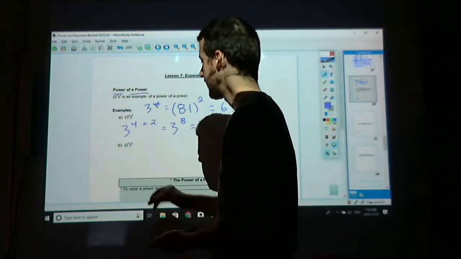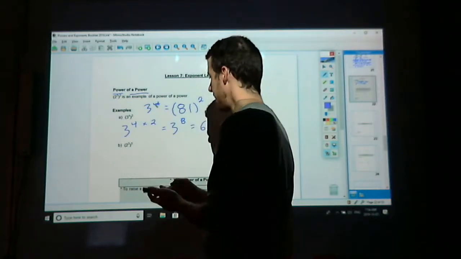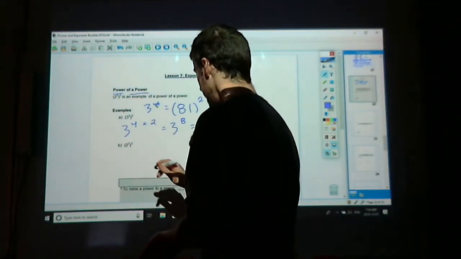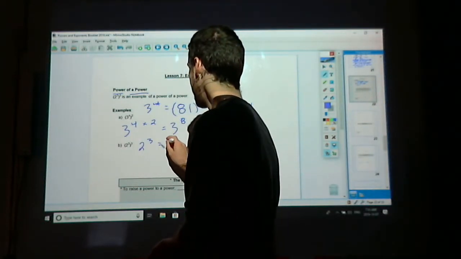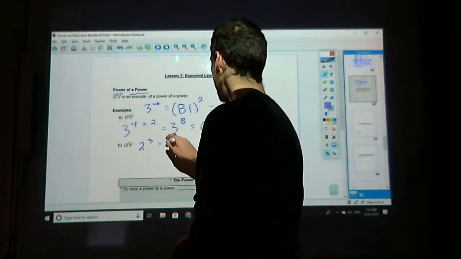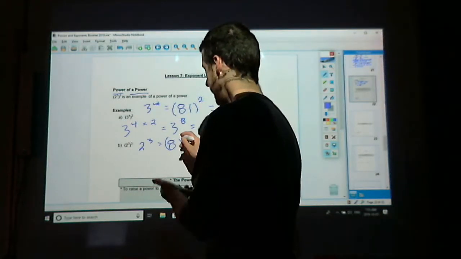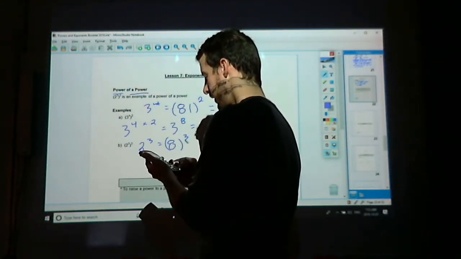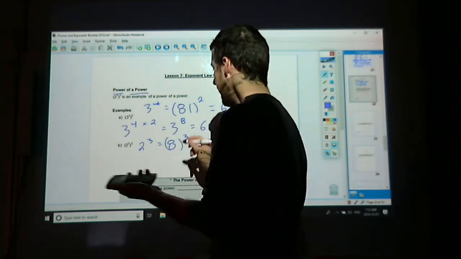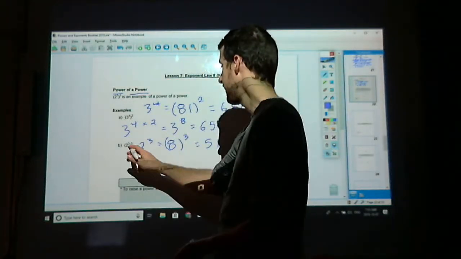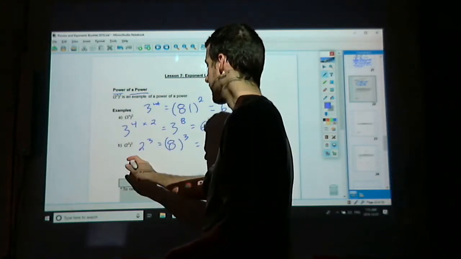Let's show it both ways again, just to make sure that we aren't cheating the system. We have 2 to the power of 3, that equals 8. And all of that to the power of 3, 8 to the power of 3, is 512. The other way we said we could look at this is if we multiply our exponents.